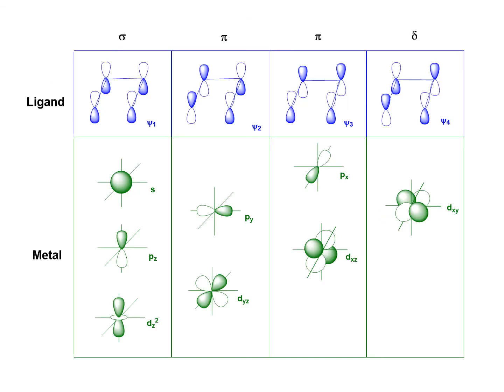So let me conclude this discussion of bonding in butadiene with metal carbonyls or metal atoms in complexes by showing you the picture which I showed you earlier. Basically, what is happening is that Psi1, which has got a pi bond order, which has got no nodes between the carbons in the 4 carbon atoms of butadiene, that molecular orbital is pushing electron density into the empty orbitals of the metal.